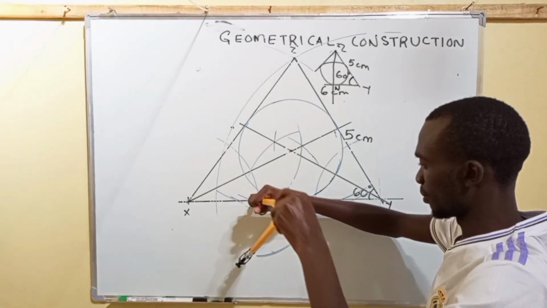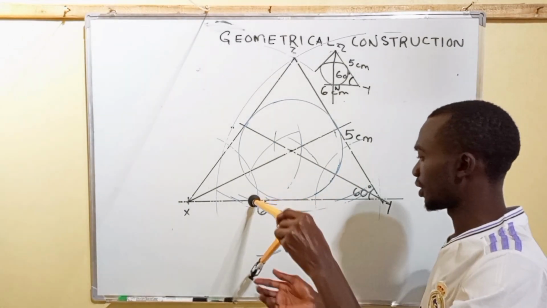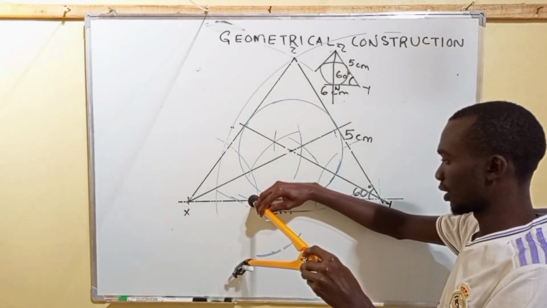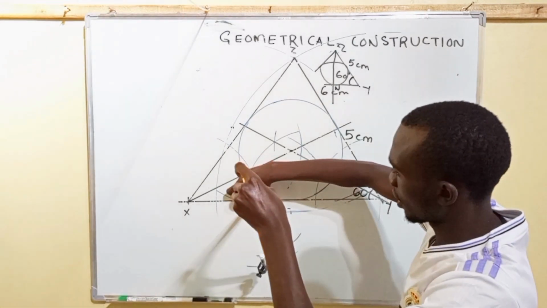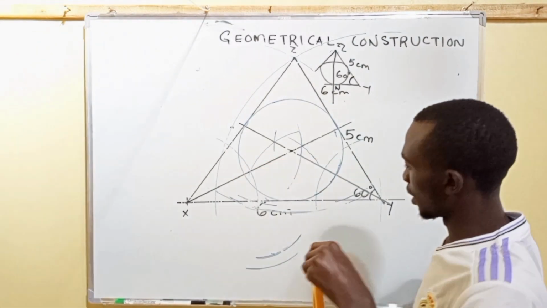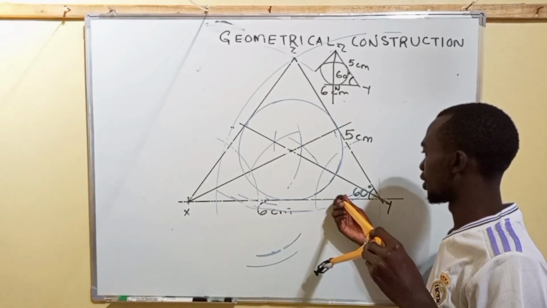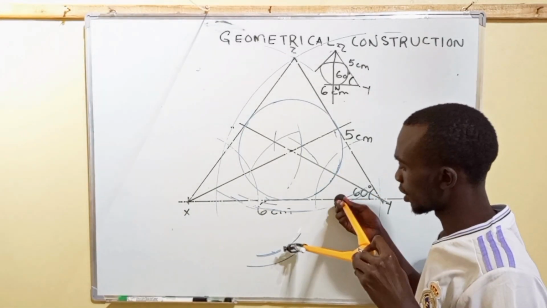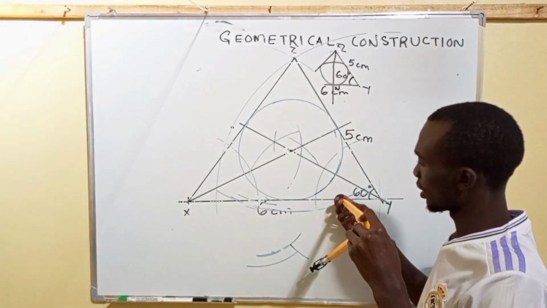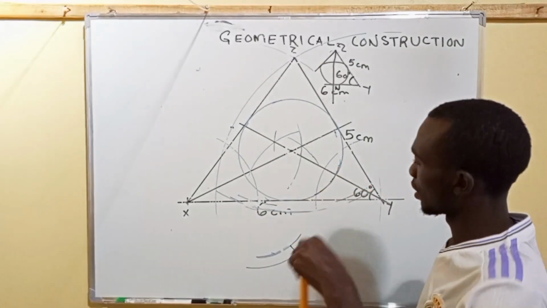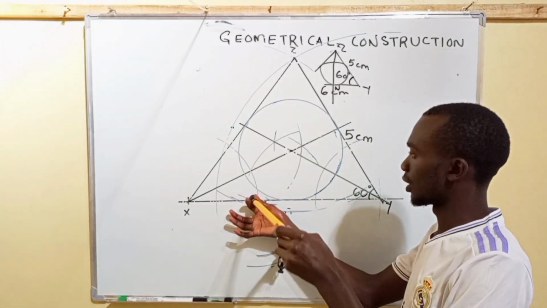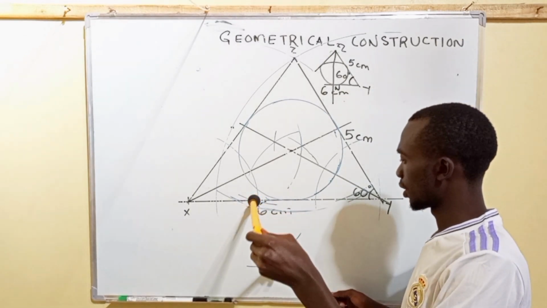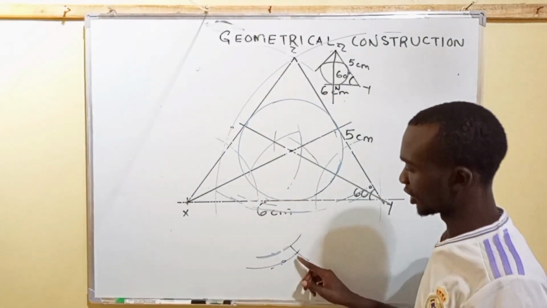Compass having some issues. It is the first arc. Then at this particular point, the second arc. So you've got two arcs. So this is the point of intersection of the two arcs.